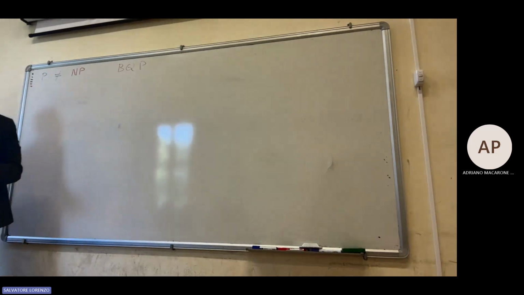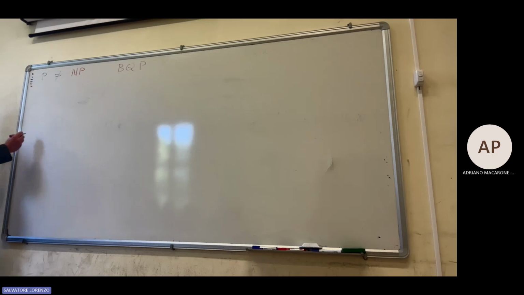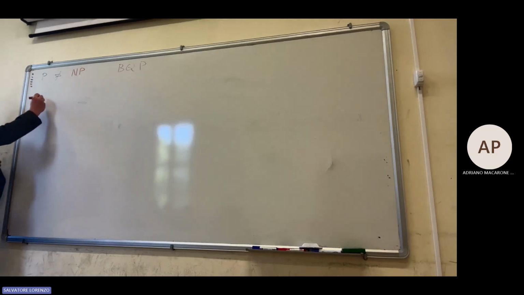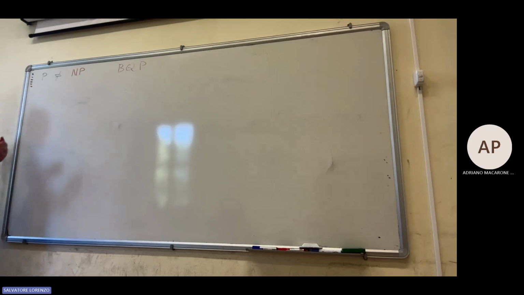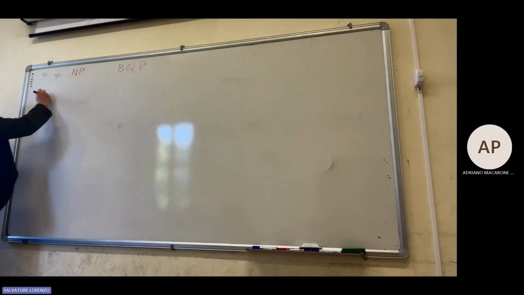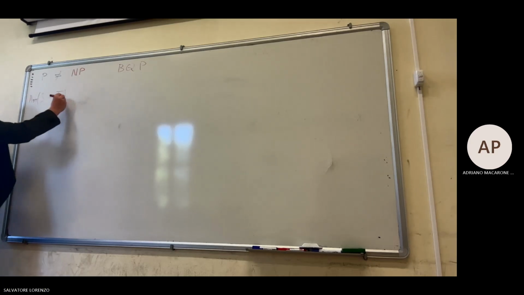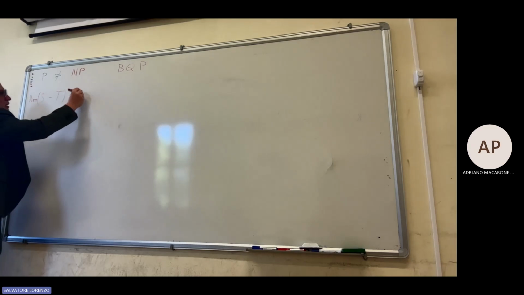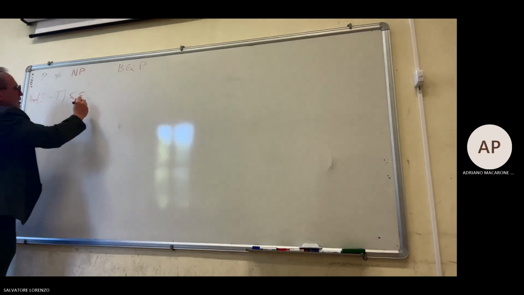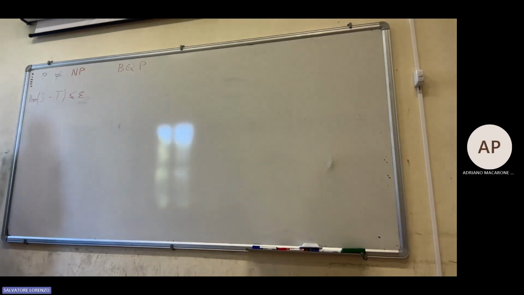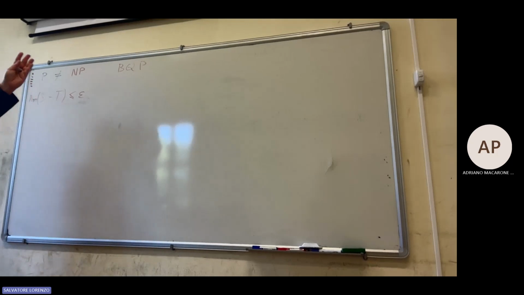This means that with a quantum computer, the distance between the solution that you obtain and the true value is always less than or equal to epsilon, where epsilon is a number that you can take as small as you want.